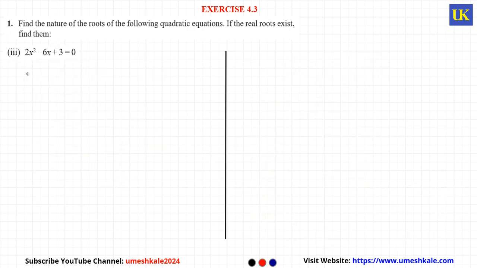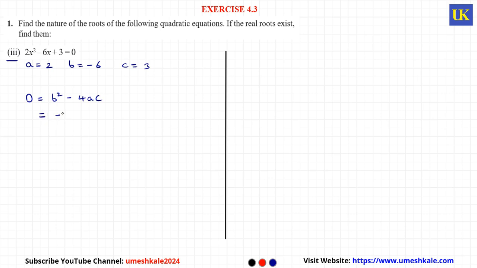Now we'll see the third sum. So first what we'll do, we'll write the values. A value is 2, B value is minus 6, C value is 3. So first we have to find the nature of roots. So B square minus 4ac, first we have to find this.